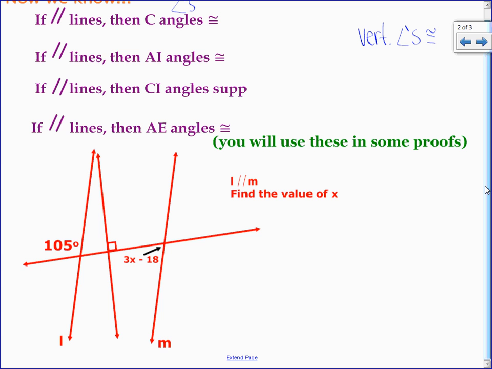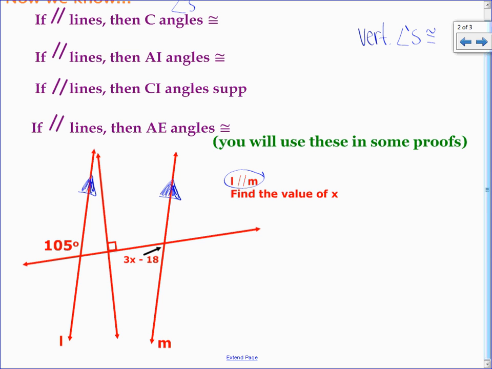So let's look at this picture. We have L and M are parallel to each other. So let's put the symbols on there to show that they are. So knowing that, we're focusing on the parallel lines.